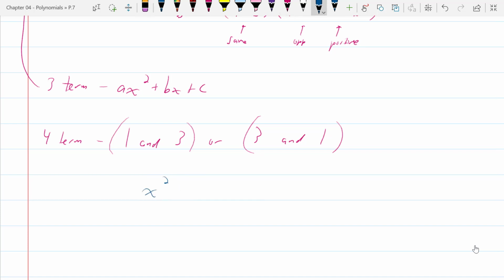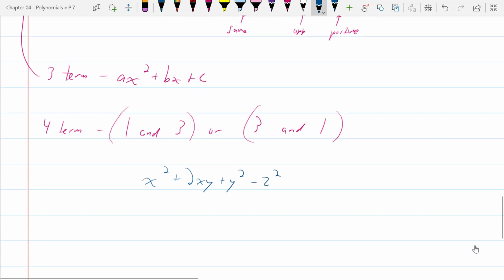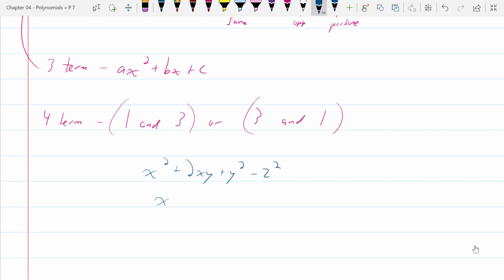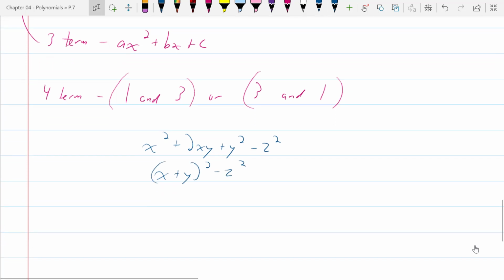Let's do x squared plus 2xy plus y squared minus z squared. This is an example of a 3 and 1, where I factor the first three as (x plus y) squared minus z squared, and then I factor that as a difference of squares, x plus y minus z and x plus y plus z.